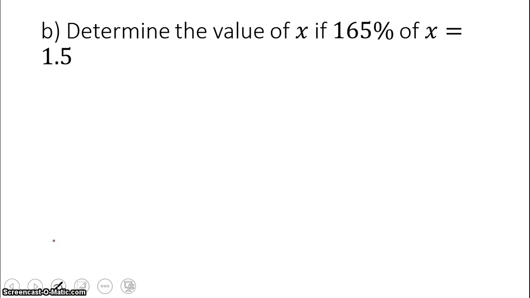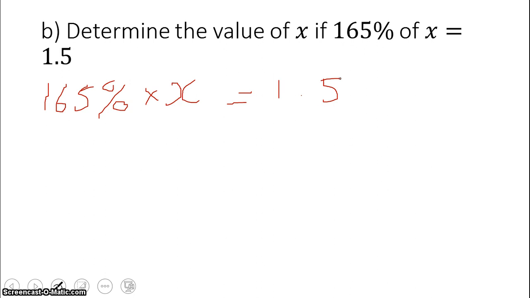So, determine the value of x if 165% of x is 1.5. So, the way I did this one, I was a bit cheeky. I just set it straight up as an equation. So, 165% of x is 165% times x equals 1.5.